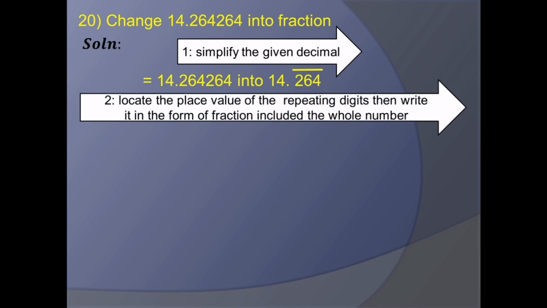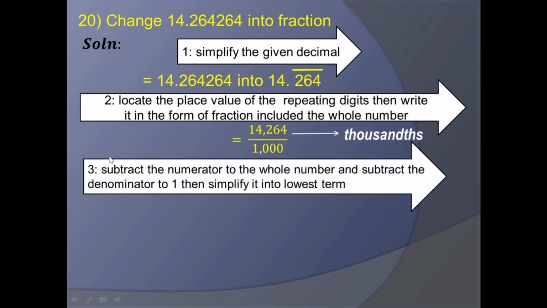Then after that, locate the place value of the repeating digits, then write it in the form of fraction, including the whole number. So the whole number is 14, the repeating is 264, so 14,264. Then the place value of the repeating digit is thousands. So 14,264 over 1,000.